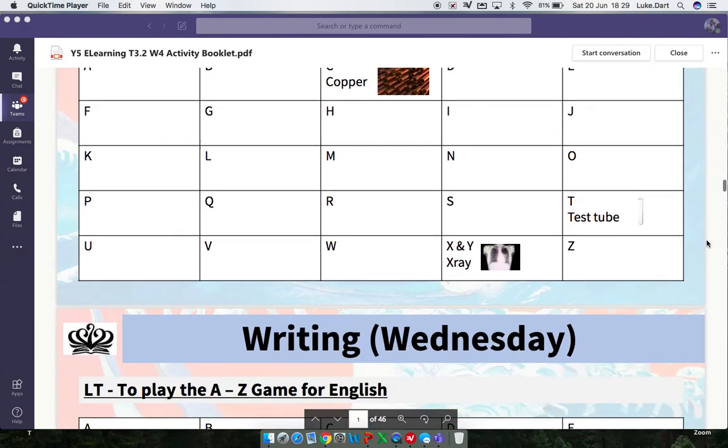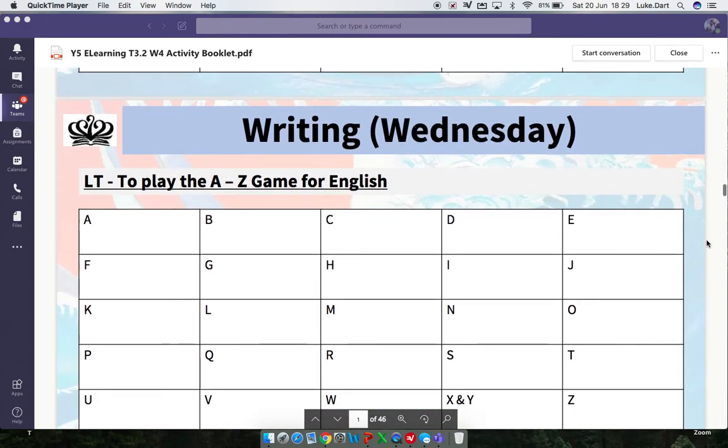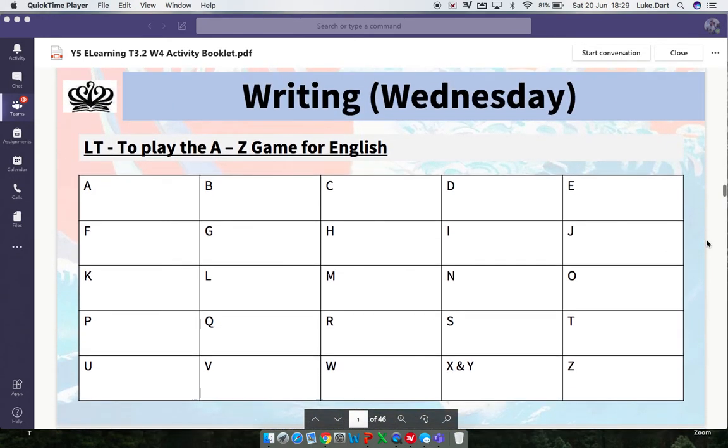Now what I would like you to do essentially is to complete this grid here, which is the A to Z game for English. Find out from across the alphabet different examples of things and objects and people that you believe have got something to do with English. For example, those papery things that sometimes you guys read.